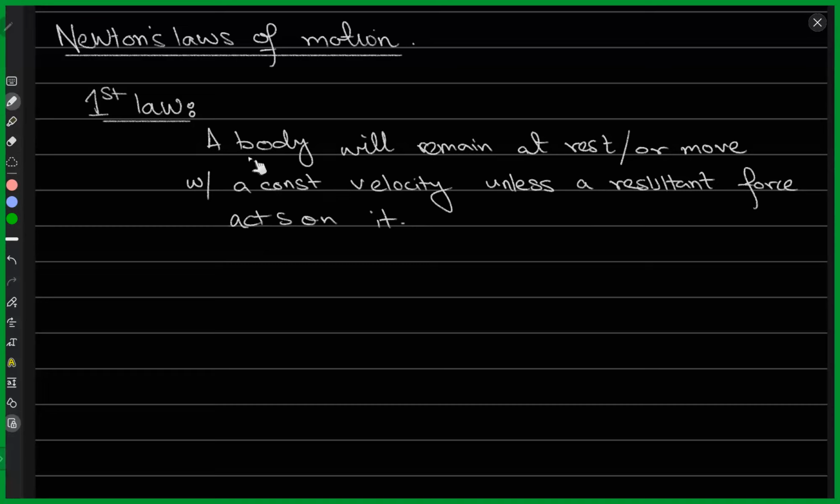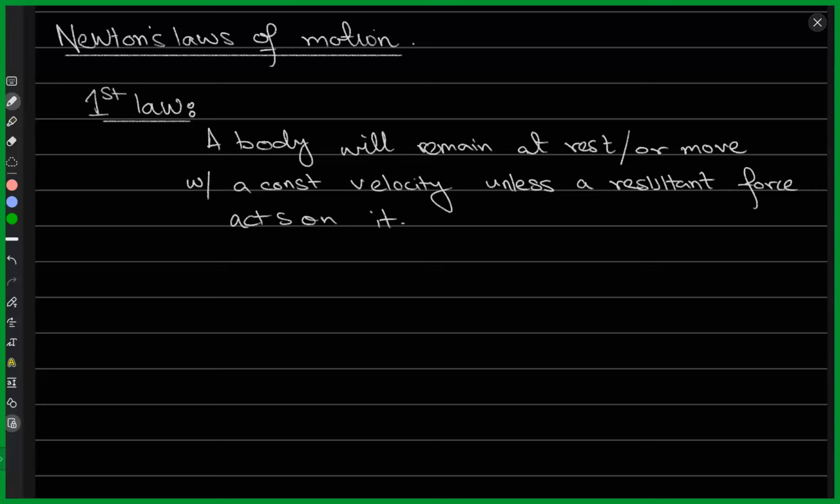So again, the statement says that a body will remain at rest or it will move with a constant velocity, meaning that the velocity will not change unless a resultant force acts on it. As soon as a net force acts on the system, its state of motion will change.